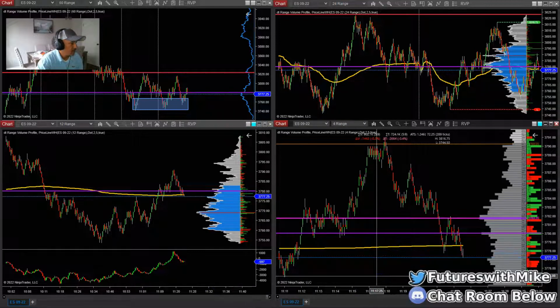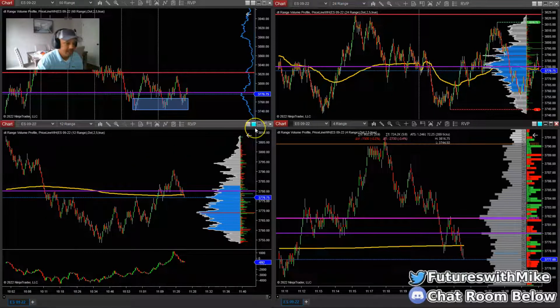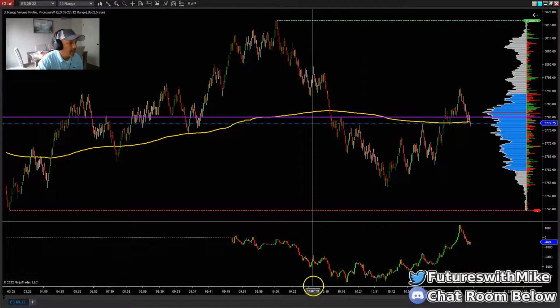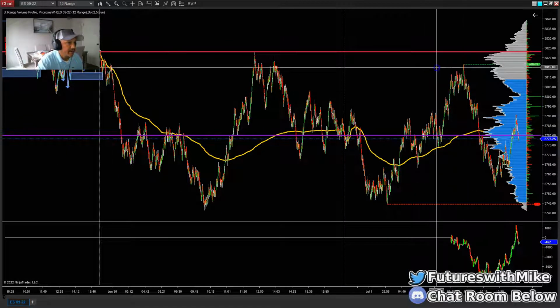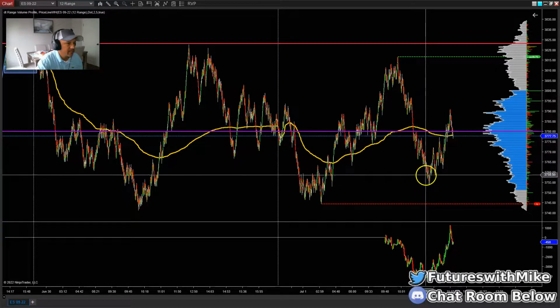Not sure what the market's going to do at this moment. You've got to just be able to trade what you see, guys. The market's moving sideways, and we had a test back of this high right here. Price turned back around and started making structure to the downside.